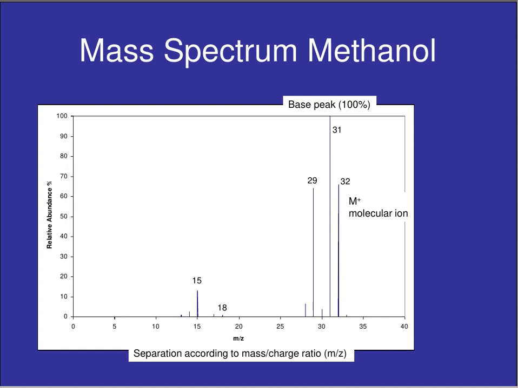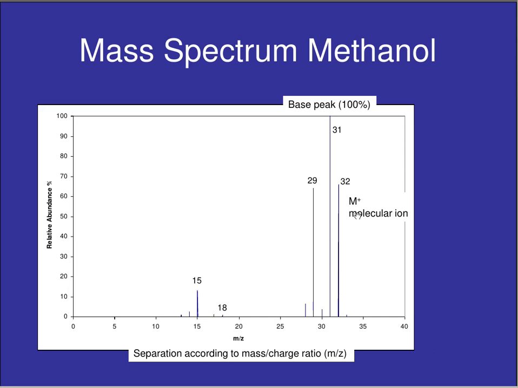So here is what happens when you put methanol through a mass spectrometer using electron impact mass spectrometry. What is interesting is that yes, you see methanol coming through with a charge because it's had an electron knocked off it, so you see methanol plus coming through, and that's this peak at 32. That we call the molecular ion.